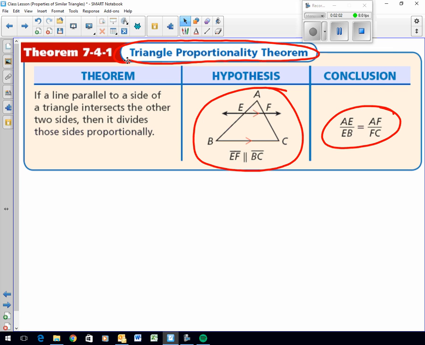If a line, EF is a line, and it's parallel to a side of a triangle, EF is parallel to BC in this case, and EF has to intersect the other two sides of the triangle. So it intersects AB and it intersects AC. So if it's parallel, it intersects them and it divides those sides proportionally.